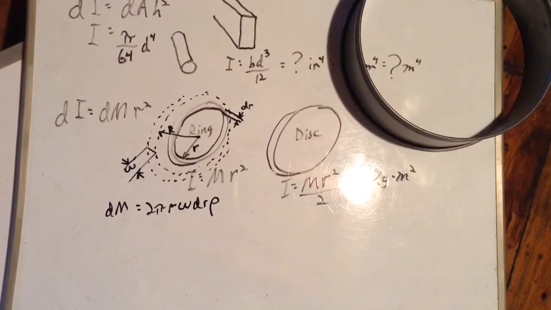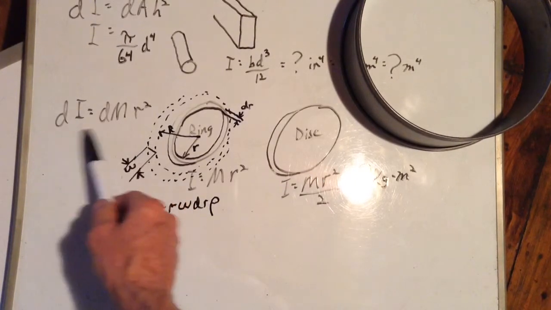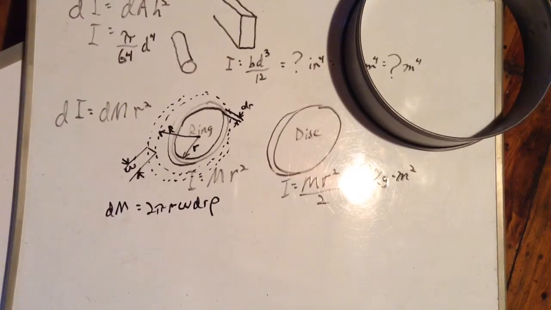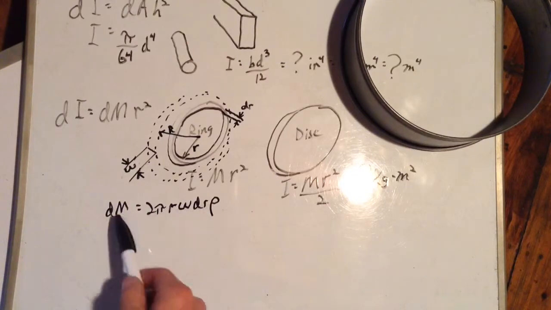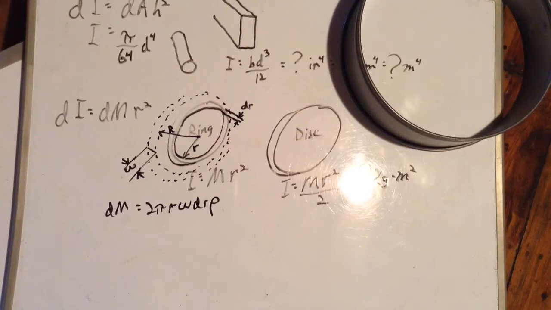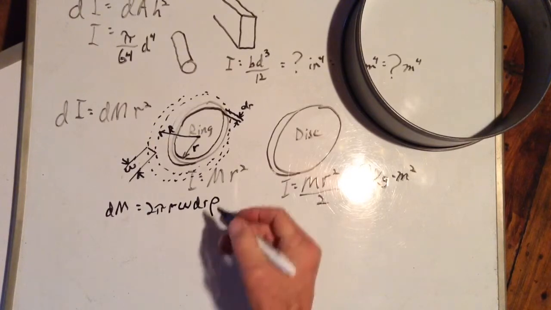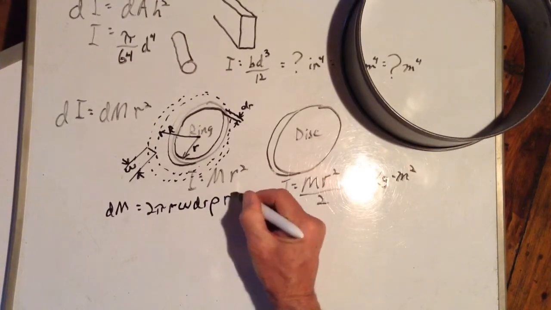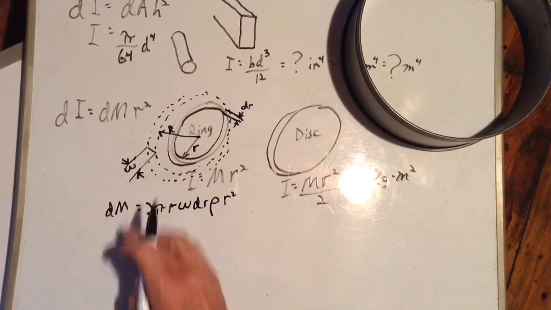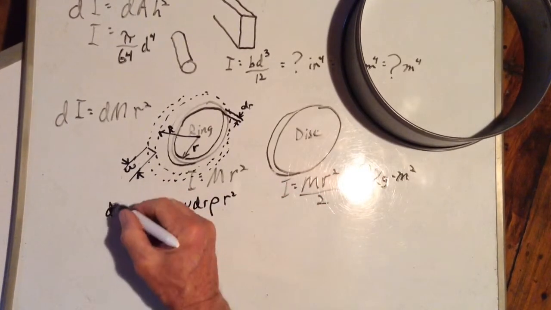Alrighty. Now remember that dI equals dm times r squared. Got that written right there. Which means dI equals, well, there's what dm is. So if dI equals that times r squared, let's just multiply all this by r squared, and we change it into dI.